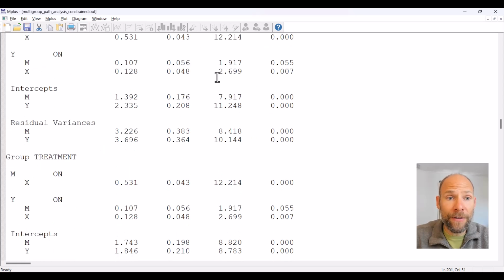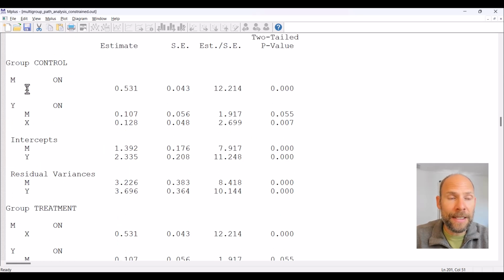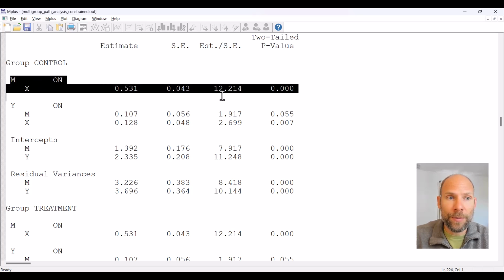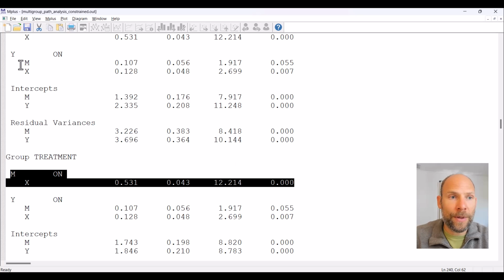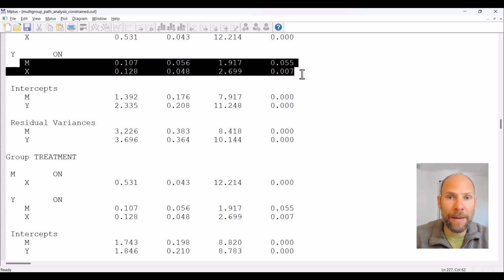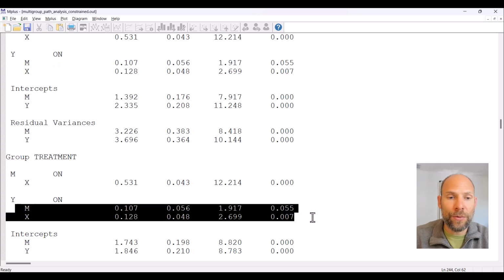Now we can verify in the output that Mplus indeed has constrained the parameters to be equal across groups. Here you have the A path again, 0.531, and you can see in the treatment group it's the exact same value with the same standard error and the same test statistic. And also when you look at the B and C prime paths, you can see that those are the same across the two groups now due to these equality constraints.